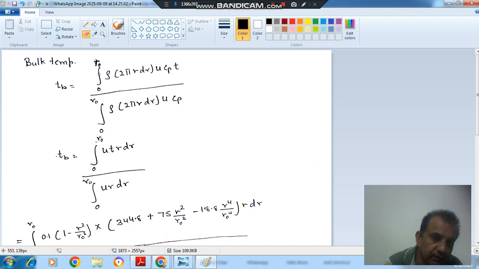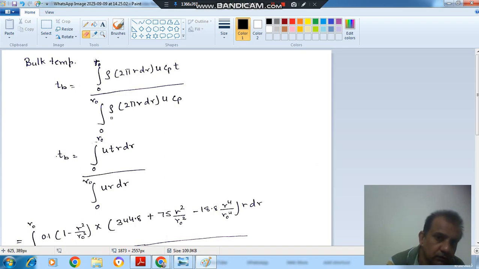So this is your mass flow rate at a strip, and T is the temperature at the strip, and Cp is the specific heat at constant pressure. So this is the heat for the strip, and if we integrate it within limit of 0 to R0, that is the heat for the whole fluid.